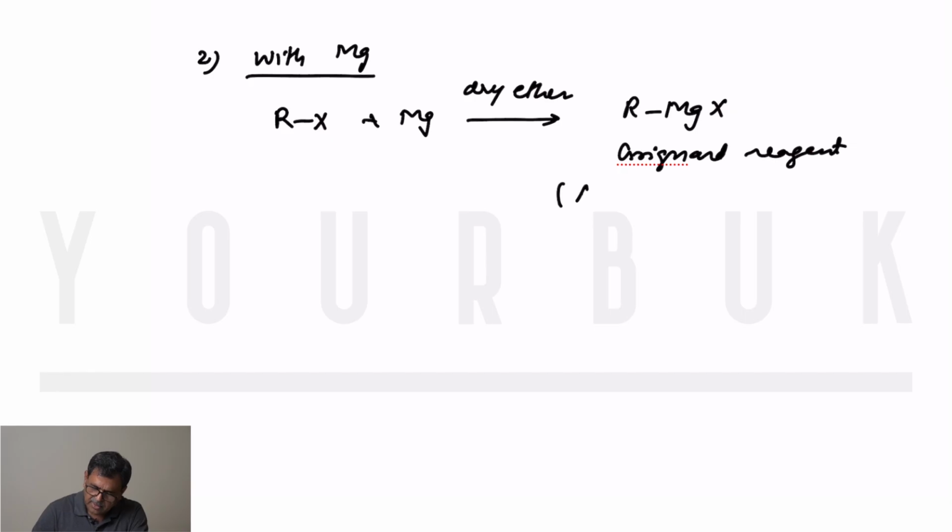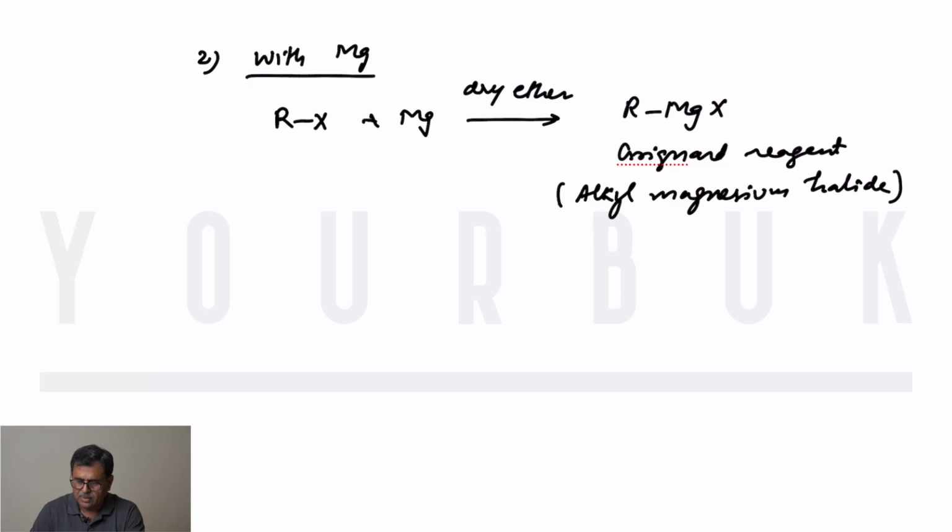This is also called alkyl magnesium halide. Now there is a bond between the metal and carbon. That's why the name organometallic compound is given.